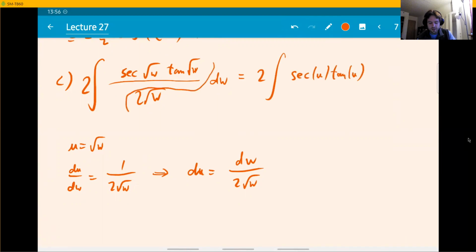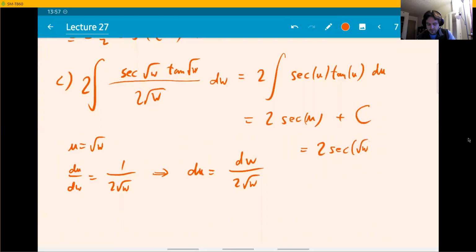And here, dw over 2 root w is the same thing as du. Now, that's a function that we know how to integrate. Remember that the derivative of secant is secant times tangent. So the antiderivative of secant times tangent is secant plus c. Don't forget the plus c. And replace u with root w once again. That's the answer.